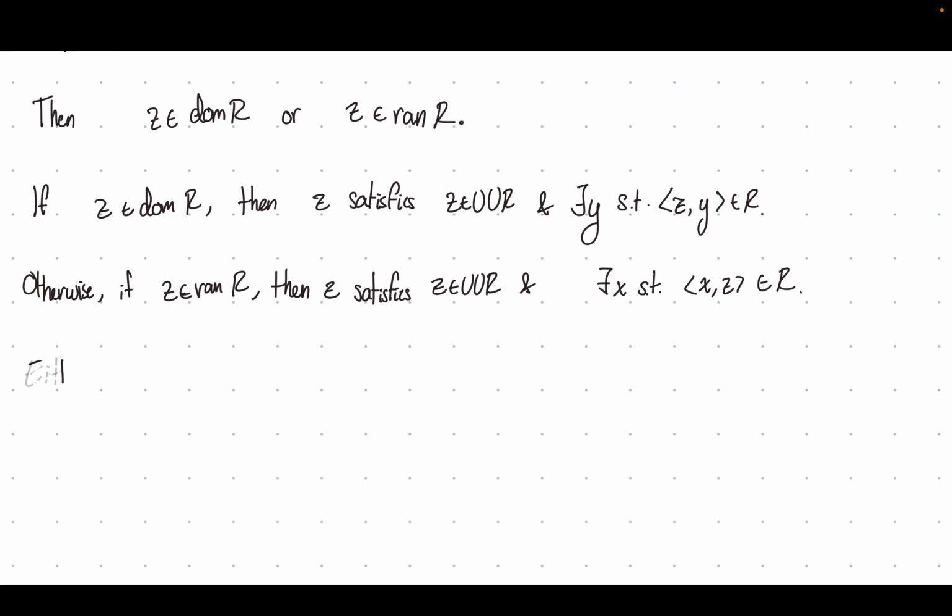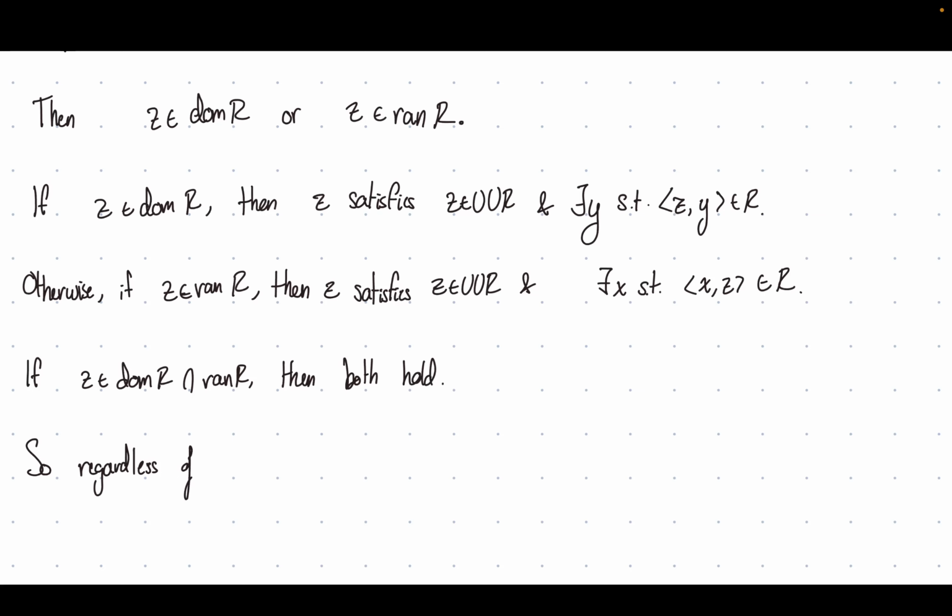All right, if z is in the domain of R and it's in the range of R, then both hold. So, in any case, z is going to be in the union of R. Okay?